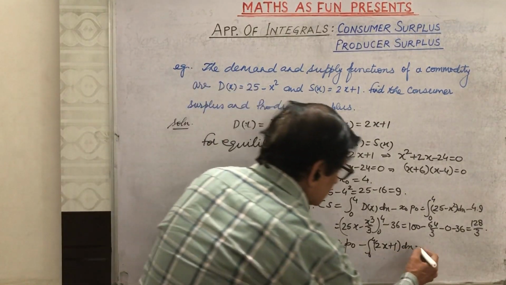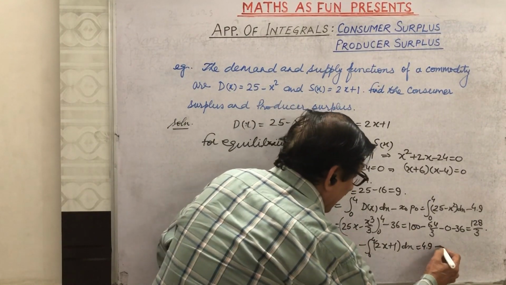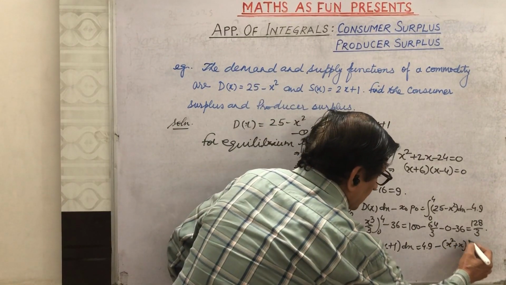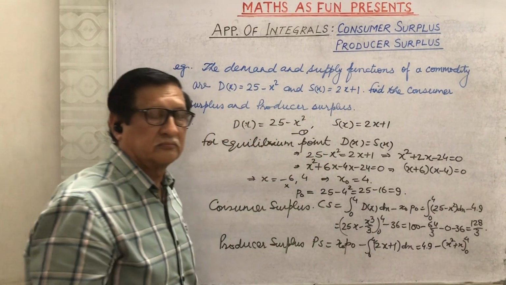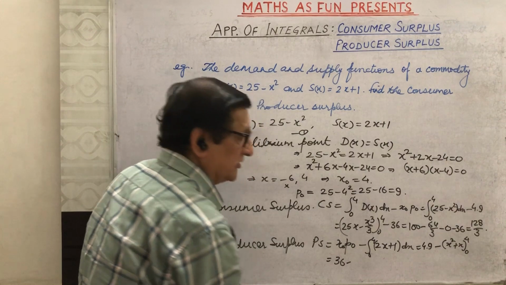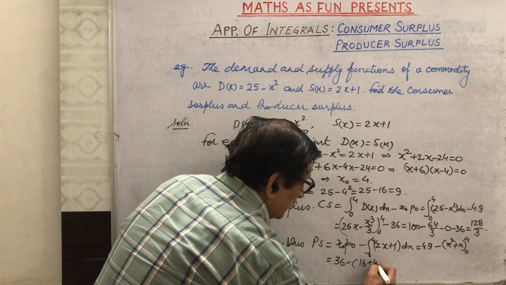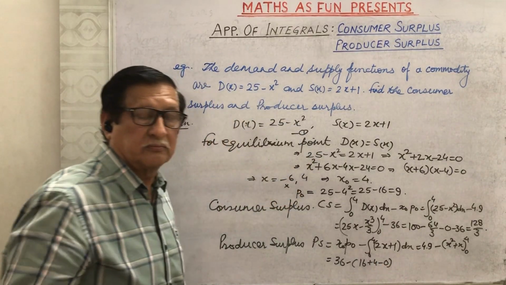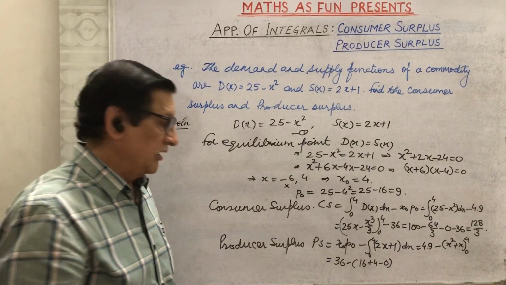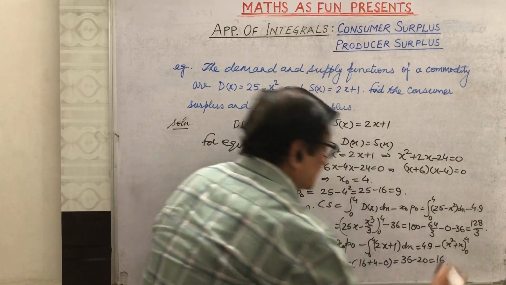On integrating this and substituting the value, we are getting 4 into 9 minus x square plus x from 0 to 4. After calculating, we are getting 36 minus, put the value as 4, this will be 16 plus 4 minus 0. It is 36 minus 20, which comes as 16.